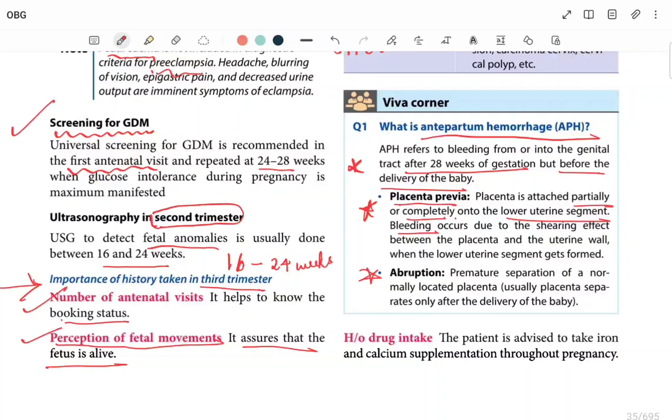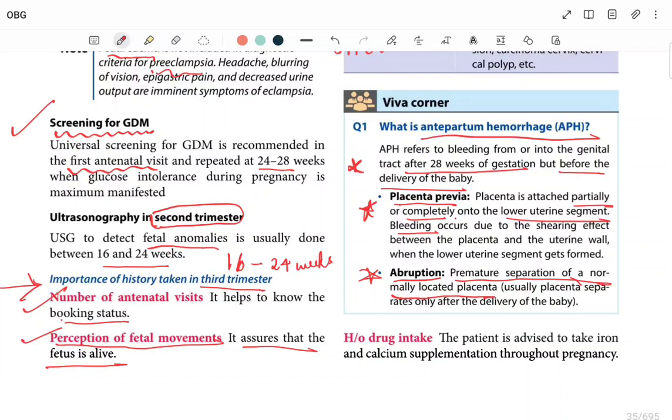So abruption. What is abruption? Premature separation of a normally located placenta. So any premature separation of a normally located placenta is known as abruption. Usually the placenta separates only after the delivery of the baby.